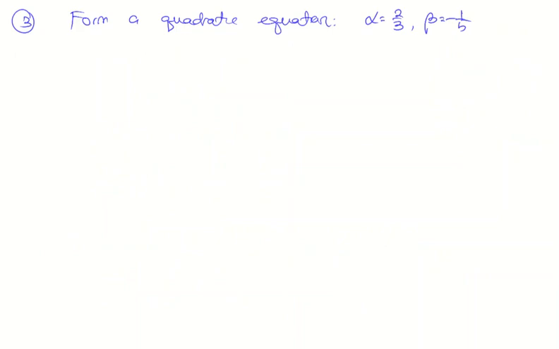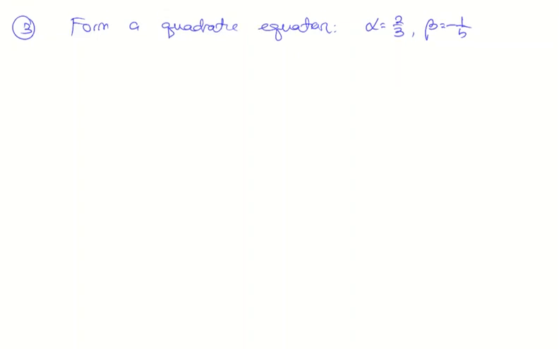Okay, try question number 3. Form a quadratic equation. Alpha is 2/3, beta is -1/5. Okay, my answer, formula first. X squared minus sum of root, product of root. Okay, sum of root, product of root.